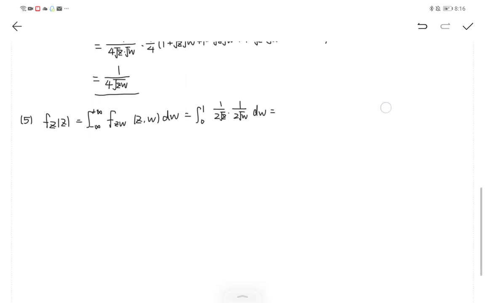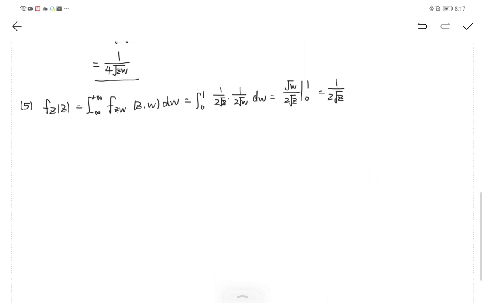So the density function of Z equals this, and we can easily get that the density function of W equals this.